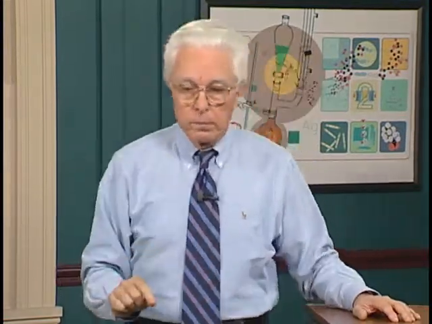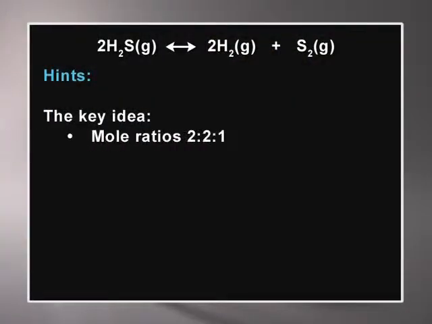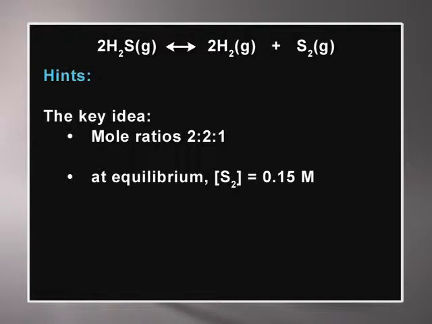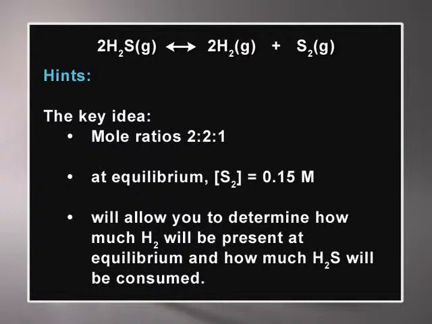I'm given an initial concentration of H2S and an equilibrium concentration of S2. And here's the key idea. The mole ratios in the equation, 2 to 2 to 1, along with the fact that you are told how much S2 is present at equilibrium, will allow you to determine how much hydrogen is present at equilibrium and how much H2S is consumed.